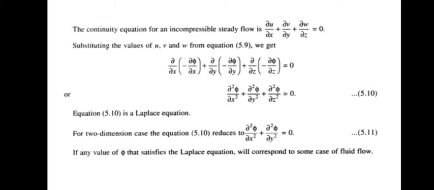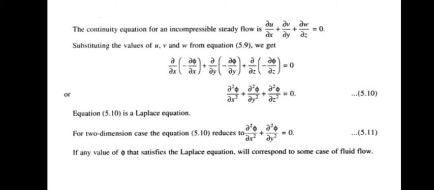In that we will substitute the value of u, v and w from the velocity potential function. We have ∂/∂x of (minus ∂phi/∂x) plus ∂/∂y of (minus ∂phi/∂y) plus ∂/∂z of (minus ∂phi/∂z) is equal to 0.